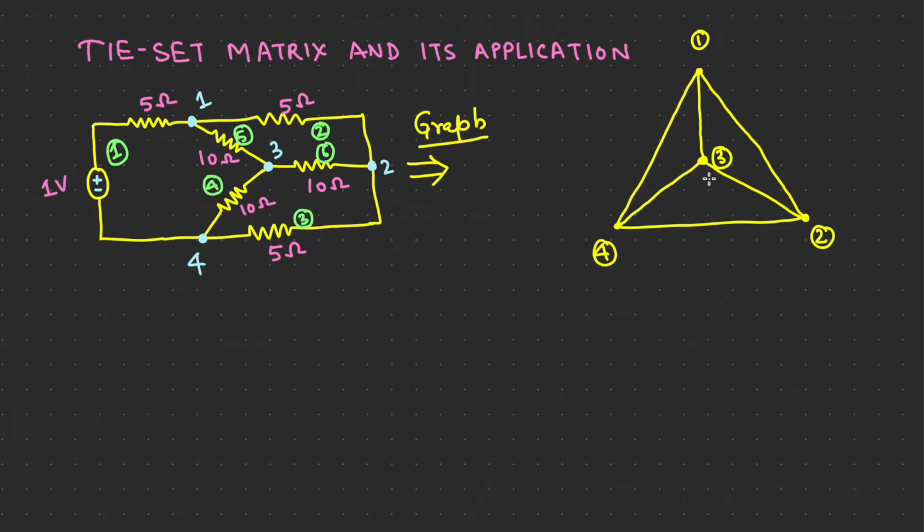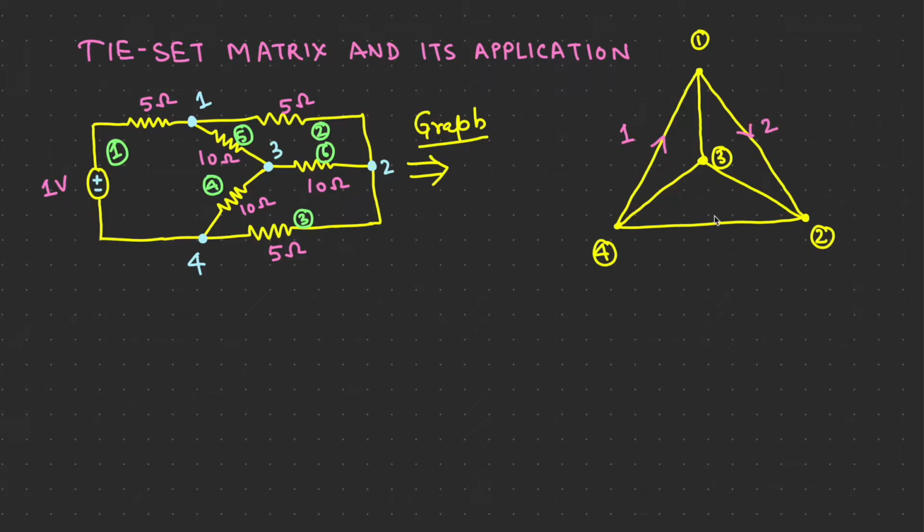Now let us assume the direction of current here. The direction of current we can assume by ourselves. Let's say this is the direction of current in branch number 1. Then we have branch number 2, with direction like this. This is just an assumption, you can assume anything.